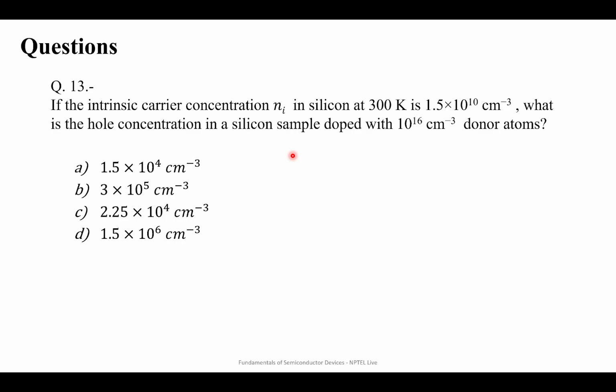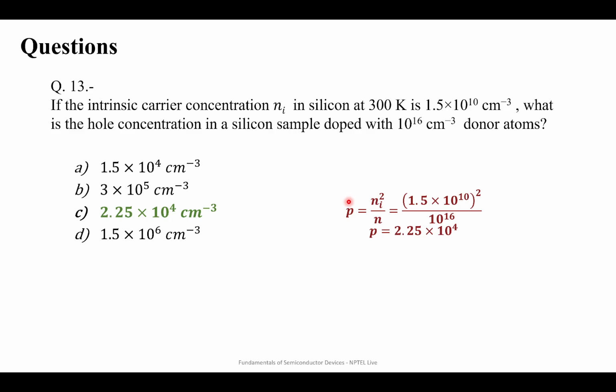You have to calculate the hole concentration. The answer would actually be C. We just studied that np equals ni square. Since our electron concentration would be 10 raised to power 16, we can use this formula and we will get that your hole concentration is 2.25 into 10 raised to power 4 per centimeter cube.